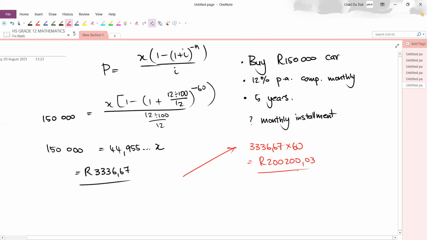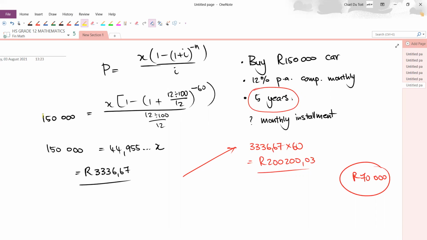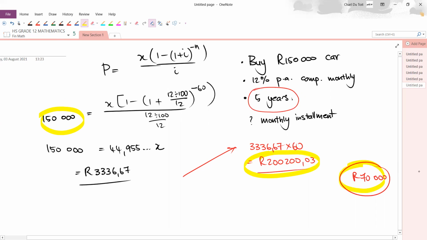The problem is, after 5 years, if I sell that car, I'm lucky to get like 70,000 Rand for it. So this is a problem with hire purchase in vehicles. You bought a car whose value was 150,000 Rand. You paid 200,000 Rand for the car, you're selling it for 70 grand. So that car basically cost you 130,000 Rand to drive over 5 years.